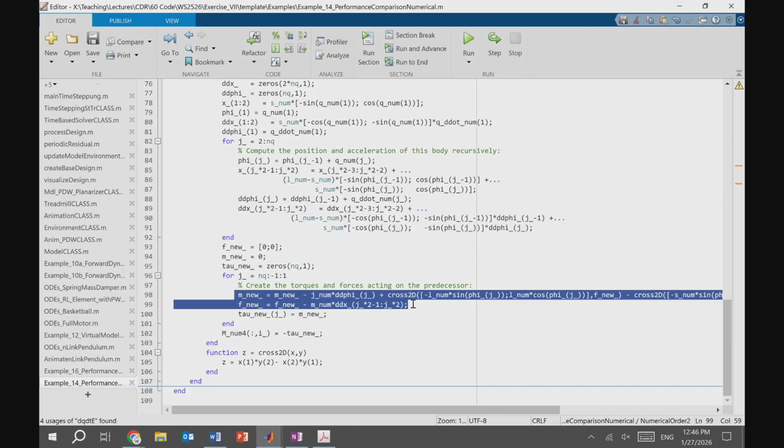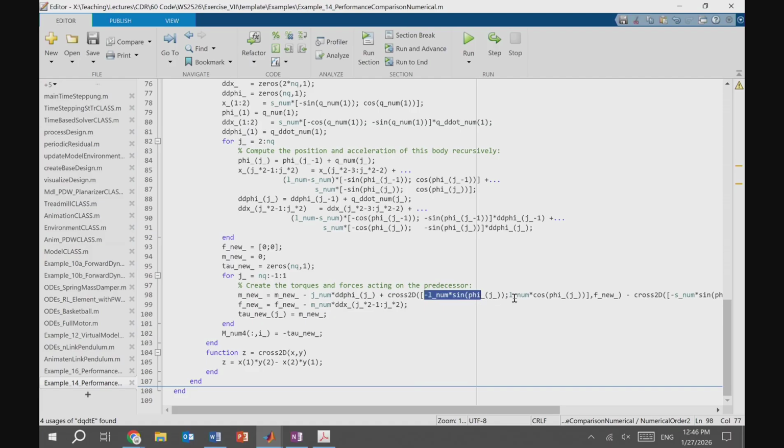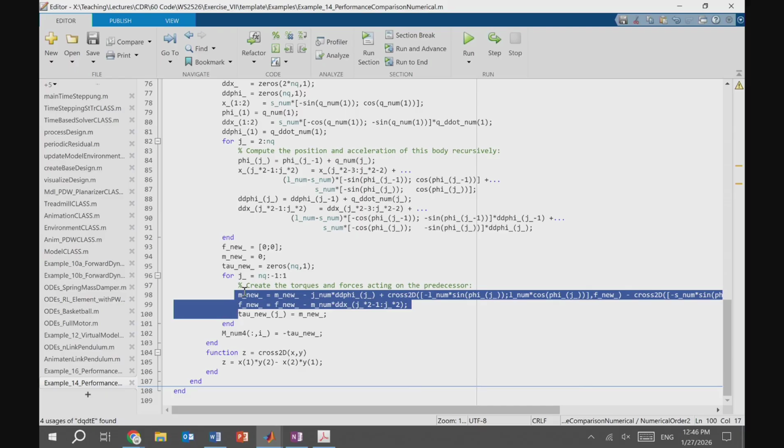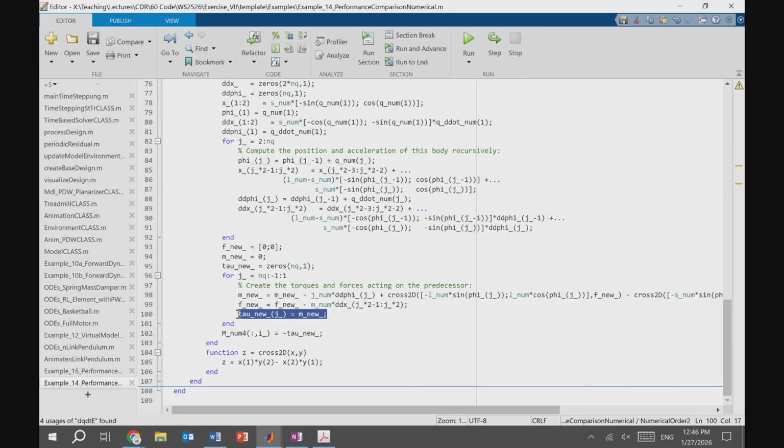So what you see here is verbatim the equations that we just wrote down, where the sine terms correspond to these lever arms, RP, DP, and RS, DS. And so I can compute these blue quantities, and then here I extract my joint torque. Extracting the joint torque in a planar system, if you have a rotational joint, is just the same as saying that's the torque. The motor torque is the torque across the joint.